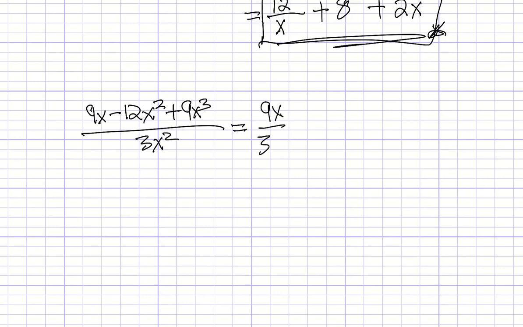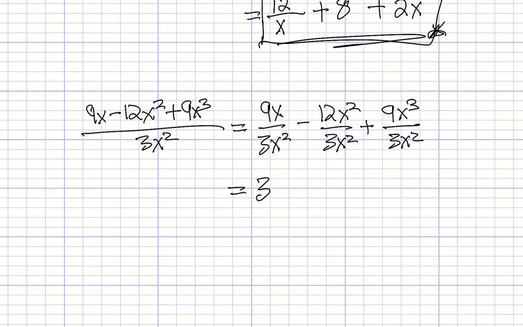9x over 3x raised to power 2 minus 12x over 3x raised to power 2 plus 9x raised to power 3 over 3x raised to power 2. You simplify, this will be 3. Notice that you're going to have a negative exponent too.